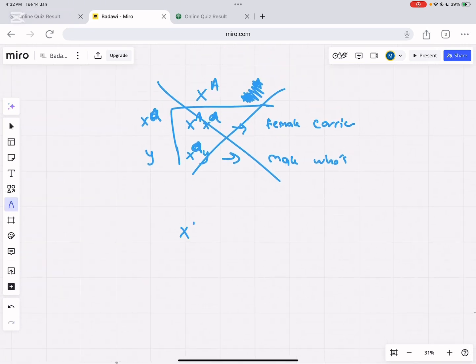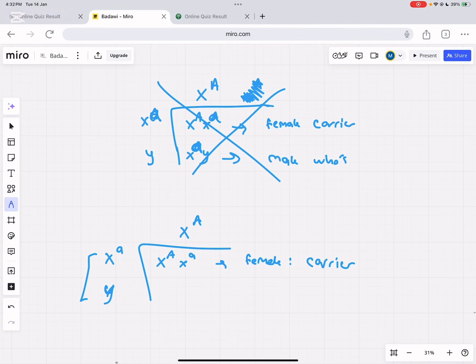XA from the female, and from the colorblind male we have Xa and the Y. So I will get XAXa, which is a female who is a carrier, and I'll get XAY, which is a male who is unaffected.